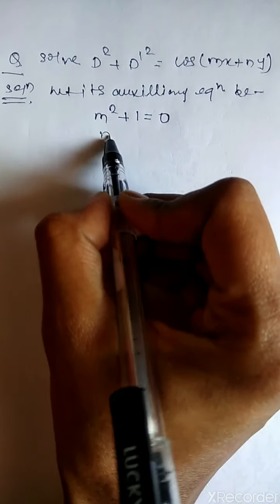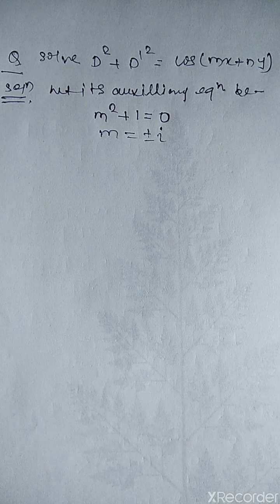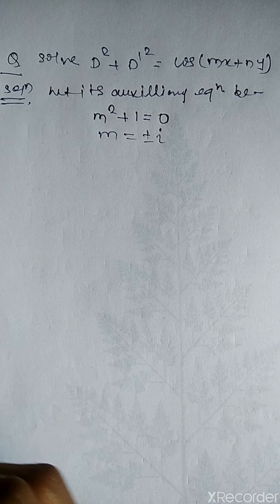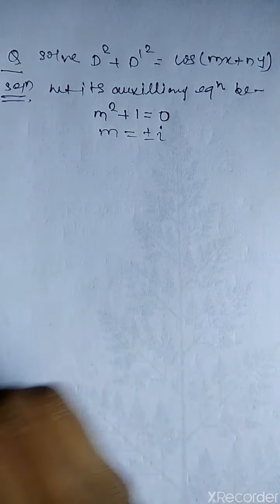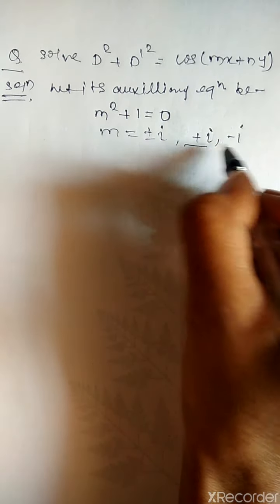So now here m is what? Plus minus i. Since this is a complex root, here we will write the function of the form. So here are the two distinct roots. First one is plus i, and second one is minus i.